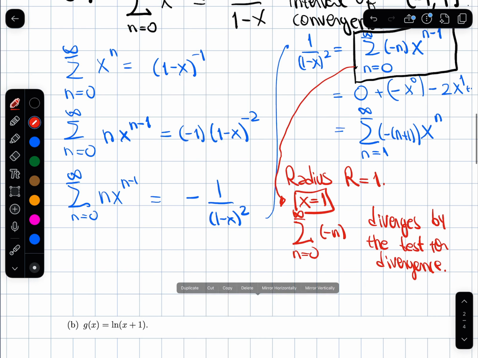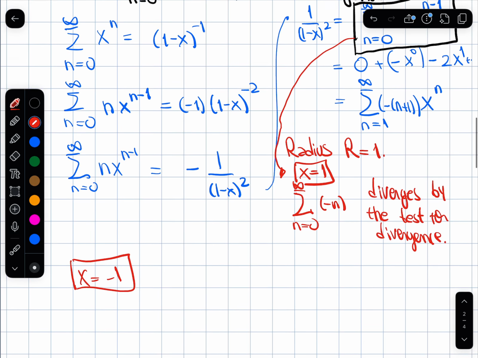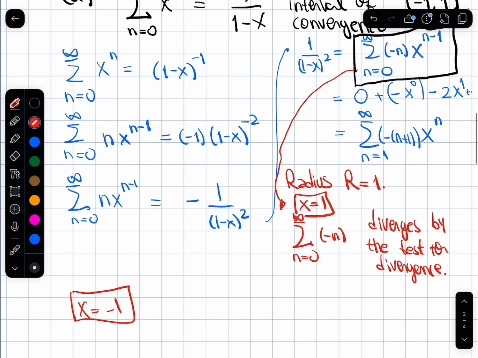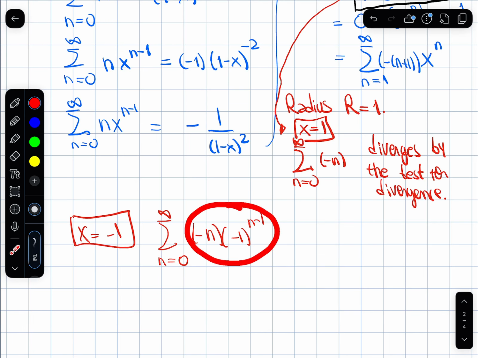And then checking the other endpoint, x equals -1, will give us, I'll go back, this also doesn't go to 0. You can see that here, right? This doesn't go to 0 because this thing's going to be alternating between -1 and 1 times n, definitely not going to go to 0.